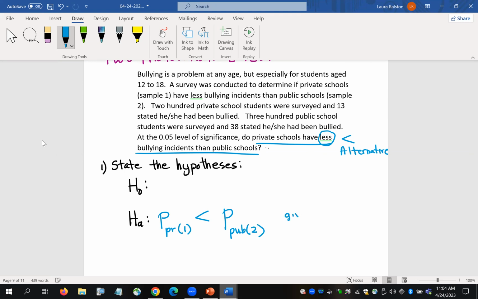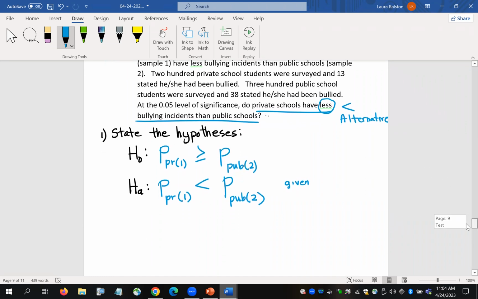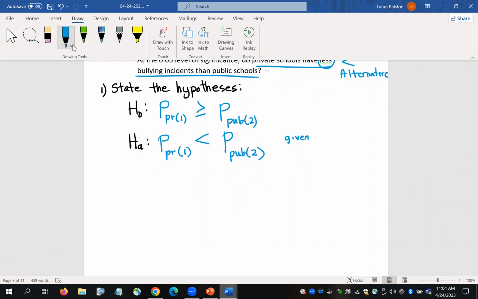Okay, that's the given. If the alternative is less than, then the null has to be greater than or equal. The private is greater than or equal to the public. Guys, those words haven't changed from where we started. You have to stop and think about the meanings.